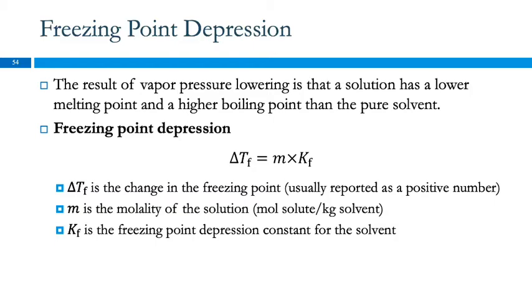I don't agree with that, but we have to go along with what the other people say. So the change in the freezing point is equal to the molality of the solution times a constant, and this constant depends on the solvent. There's a constant for water, a constant for ethanol, etc.